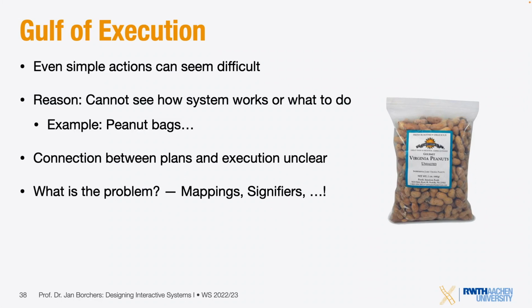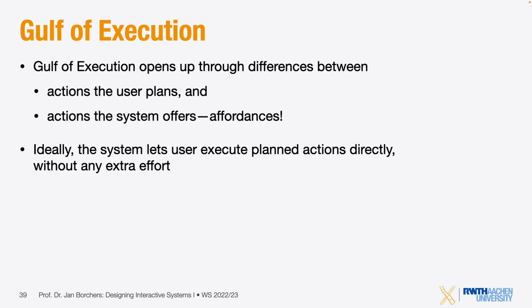So I also like to call this the Amazon effect, because when you get Amazon parcels, more often than not you pull on one end and then it doesn't open, although they've gotten better lately. So that's a typical example of how the gulf of execution can basically stop me at different levels.